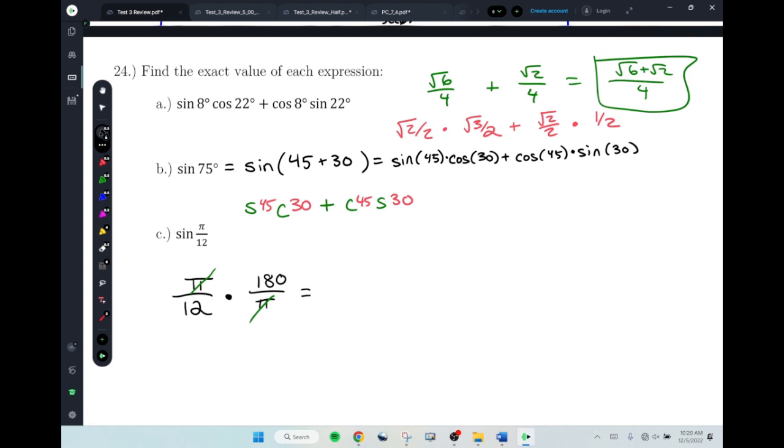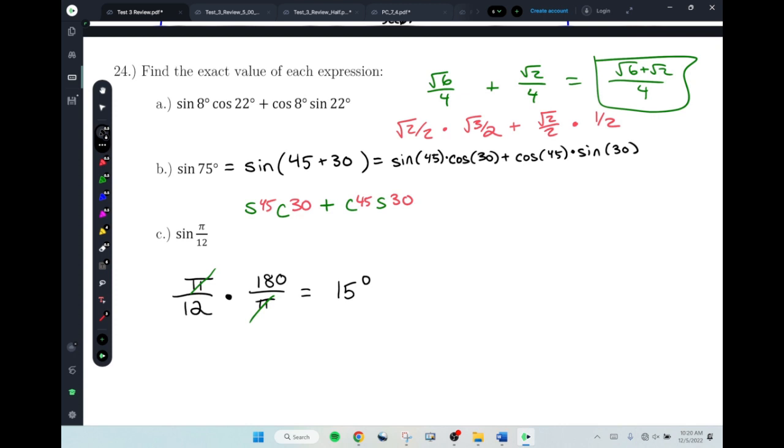A smooth 15. We know where pi over 6 is. It's 30 degrees. It's half of it. Okay, so 15 degrees.